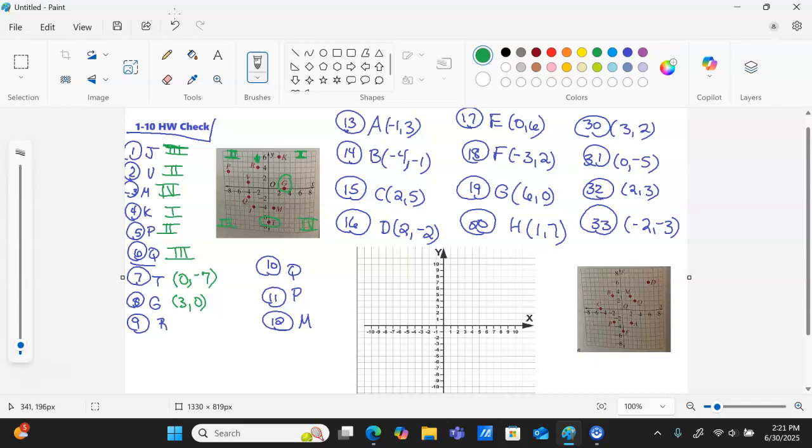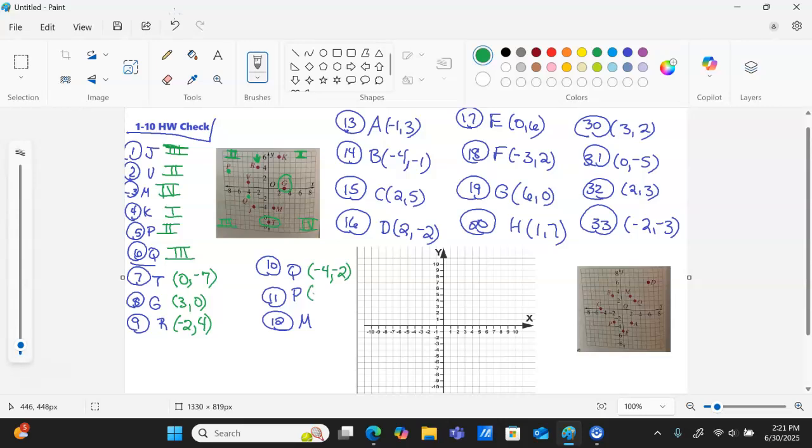And then R is right here. There it is. And it is left 2, so -2 in the x direction, and then we're up at 4 in the y direction. And then Q is right here. It's -4 in the left right direction, so it's left 4 and then down 2, -2. And then P is right here.